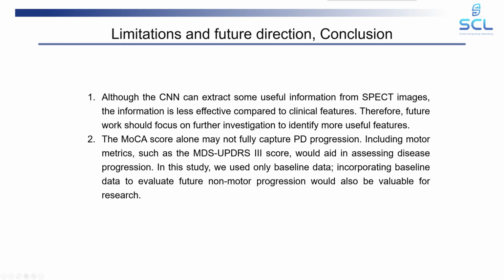The clinical data includes 30 features, with 3 being demographic variables. We compared the performance of different input types, and the results showed that adding DAT SPECT images or clinical features significantly improves prediction performance compared to using just one type of input.